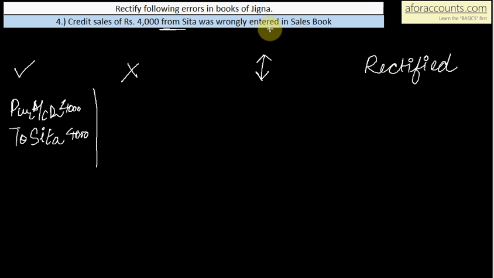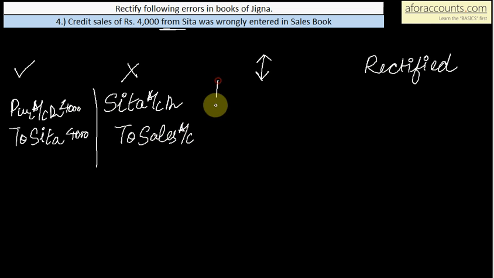Okay, was wrongly entered in sales book. उसको sales मान लिया और entry क्या किया? सीता account debit. Sales की क्या entry होगी? Credit sales. सीता account debit and you will always credit the sales. So सीता account debit to sales account. Okay. Now do the reverse entry. Sales account debit और सीता को credit में लो to सीता.